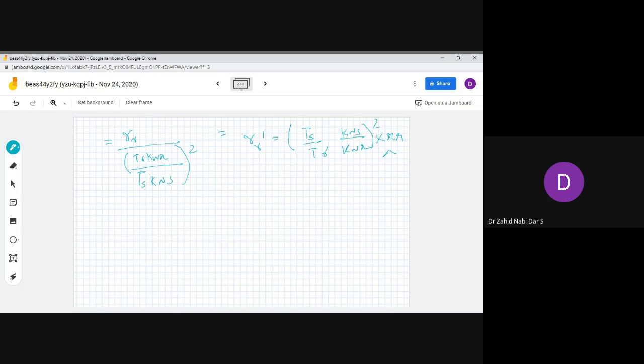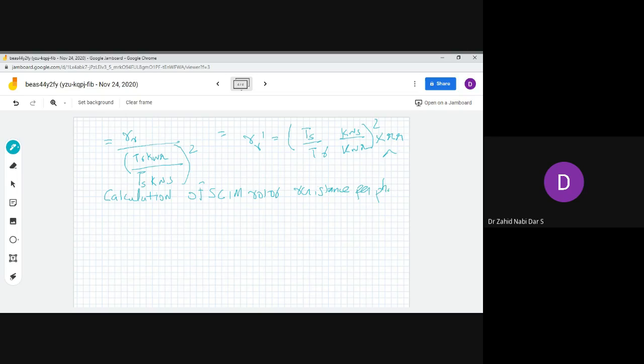Now let's go for understanding the calculation of squirrel cage induction motor rotor resistance per phase.